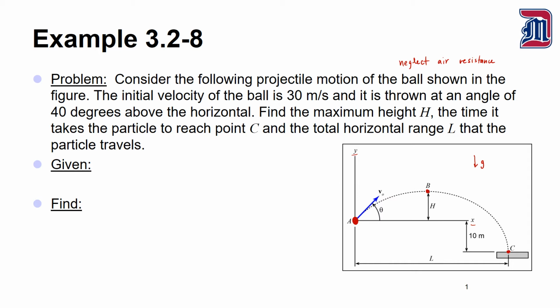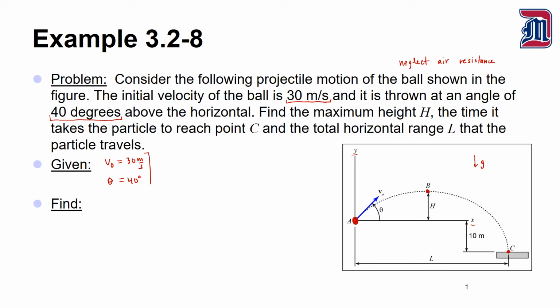So reading the problem, we can identify that we're given that the initial speed of the particle is 30 meters per second, and that its initial direction is 40 degrees above the horizontal. And so together, those two quantities give us the magnitude and direction of our velocity vector.